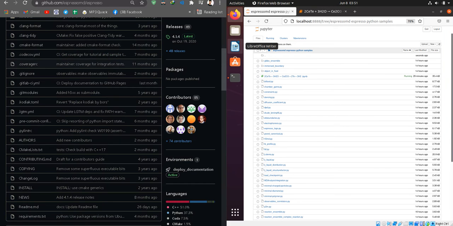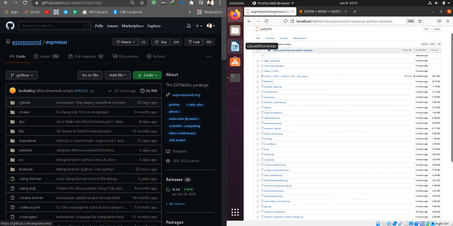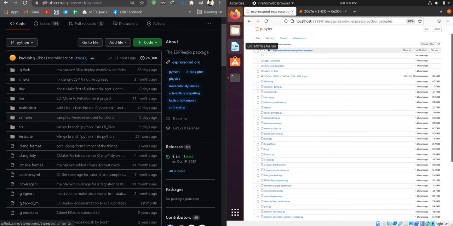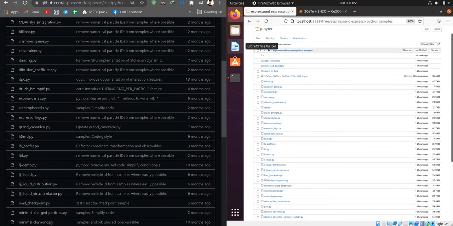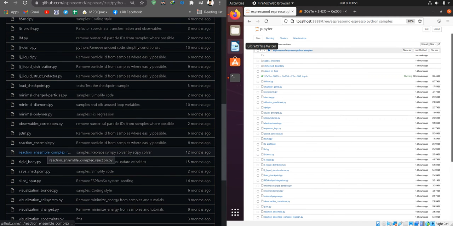So I went to the repositories of ESPResSo, and there was a folder called samples. In samples you can see reaction ensemble complex reaction, which had 3 to 5 species.